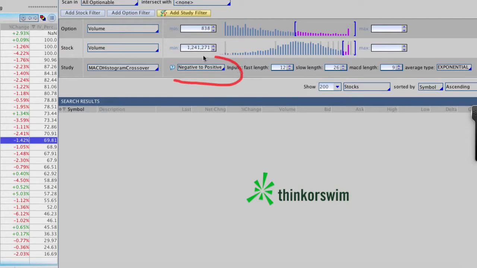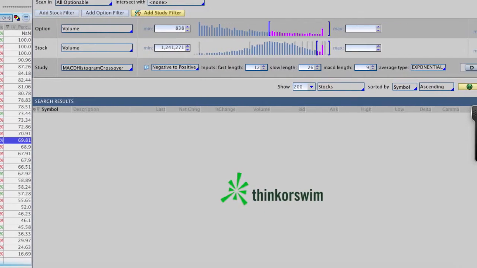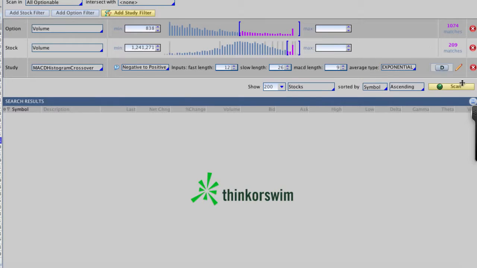It's a really cool tool to use because you can study filter all of these stocks and look specifically for stocks that have a MACD histogram crossover that went from negative to positive based on some set of inputs. So if we just, again, use this one here, we can go ahead and click scan.